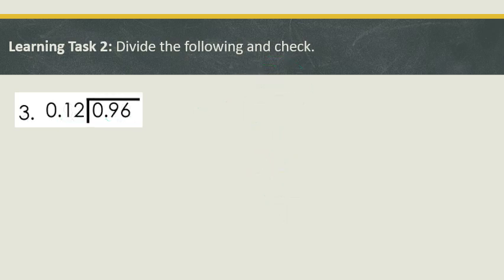Okay, number 3. Same procedure. Move tayo ng dalawa dito. Kung dalawang move natin dyan, dalawa din dun sa ating dividend. Kaya siya magiging 96 divided by 12. 96 divided by 12 is 8. 8 times 12 is 96. And 96 minus 96 is 0. So, ang answer natin dito is 8.